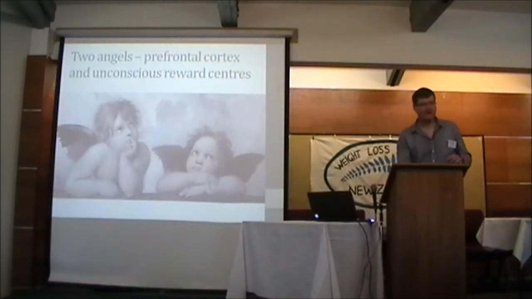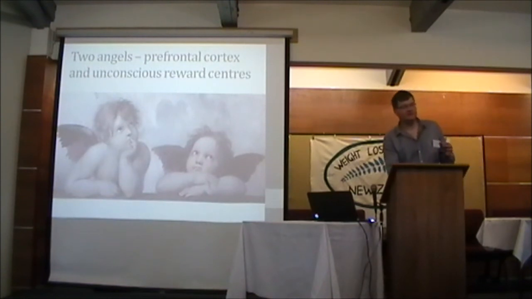Now, how do we summarise this complexity? Well, I think the analogy that David Schroeder talks about with two angels. You've got an angel on each shoulder. Now, one of those angels, take this one here, is really the unconscious part of the brain.